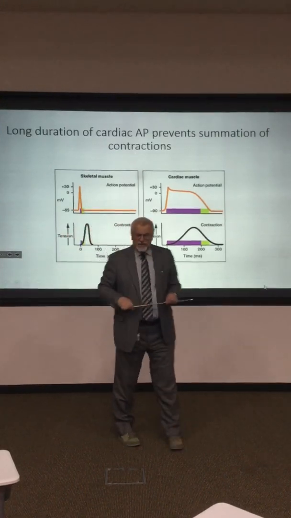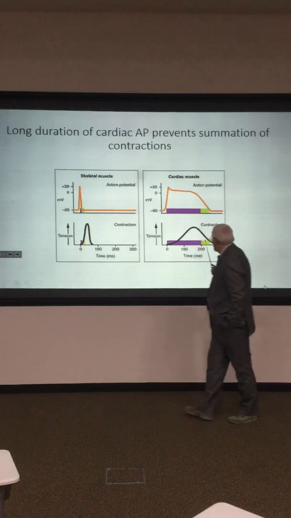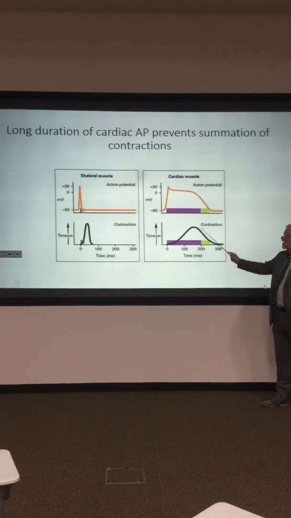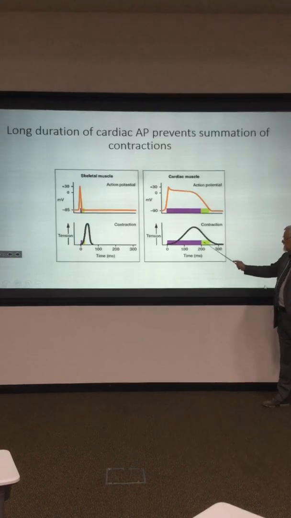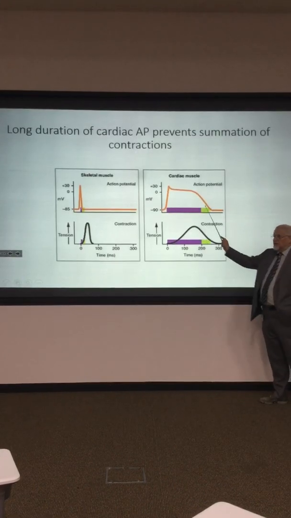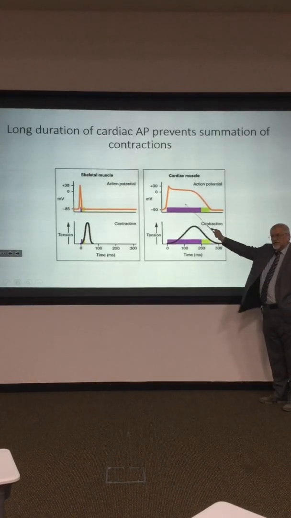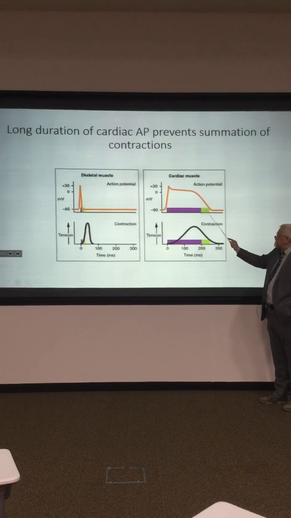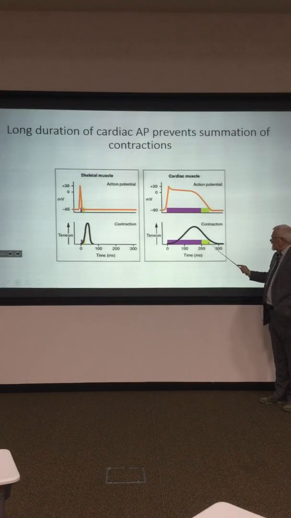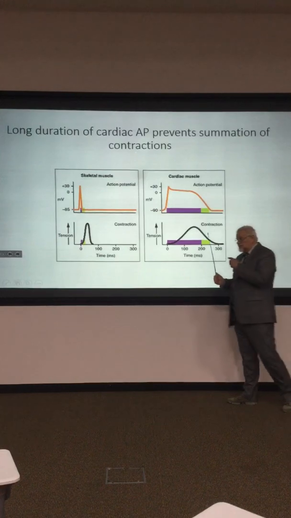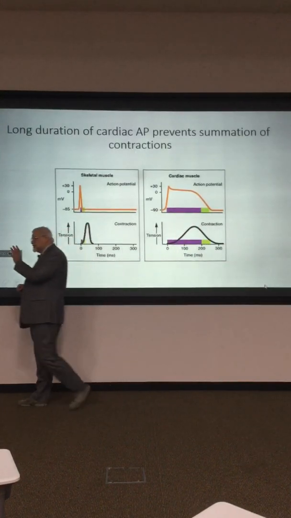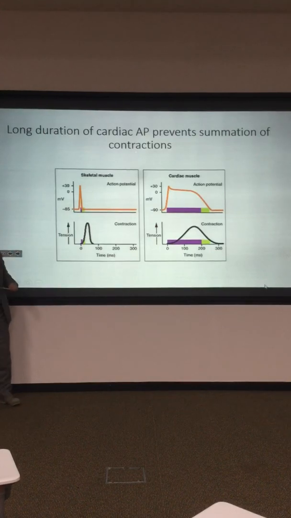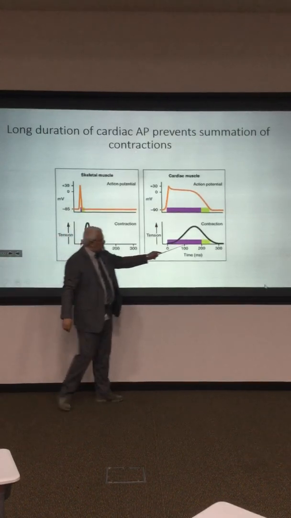And to achieve that, the refractory period should happen after the peak of contraction. And that's exactly what happens because of the long duration of an action potential. So the relative refractory period, when the cardiac muscle can generate a second action potential, is very much at the end of force generation.